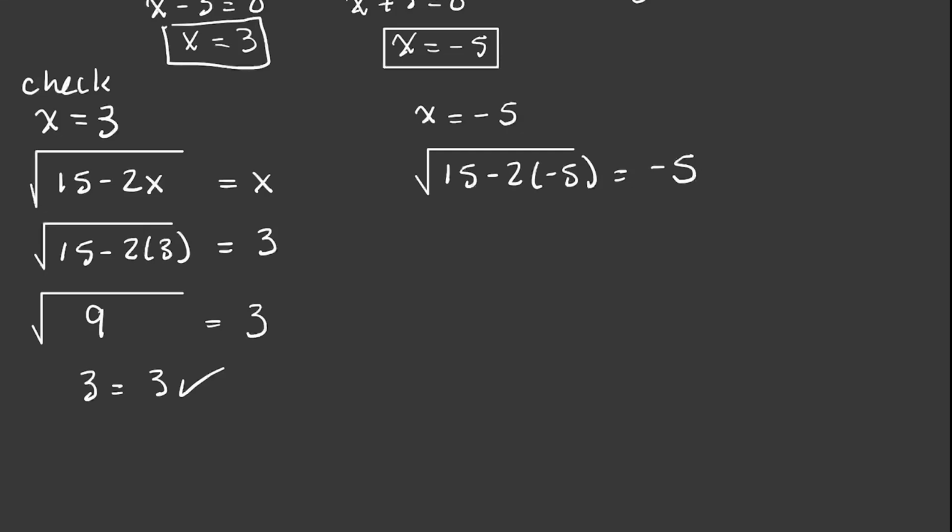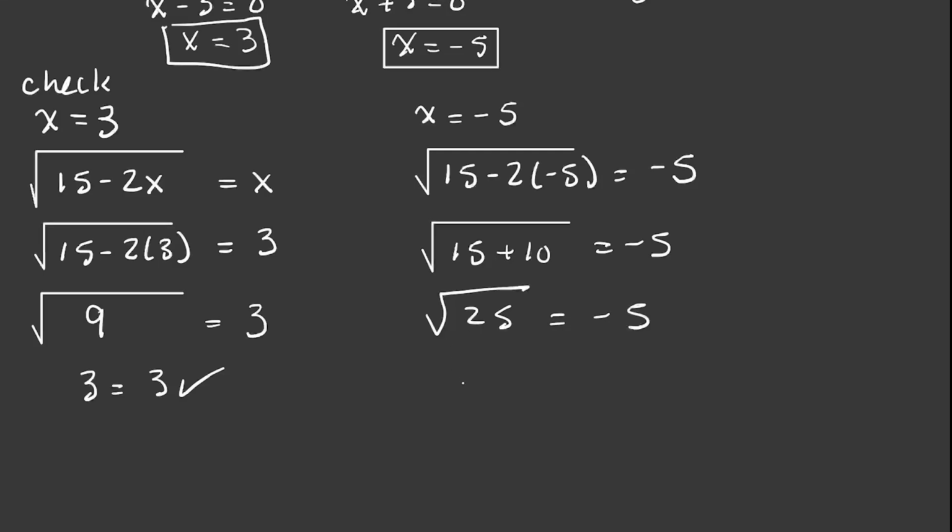So here I will just go on with the math to show you. That's 15, -2 times -5 gives you +10, equals -5. Square root of 25 equals -5. Square root of 25 is 5, which is not equal to -5. So that means the -5 is not a solution.